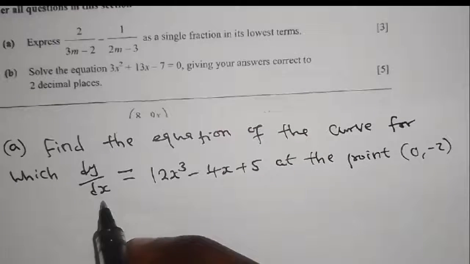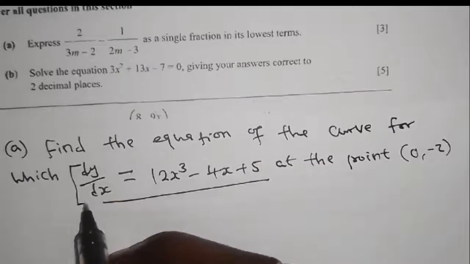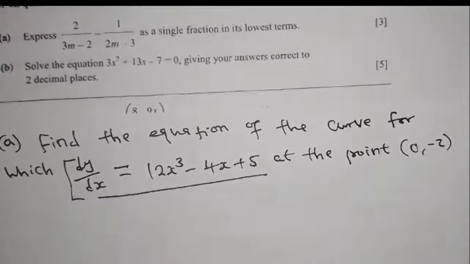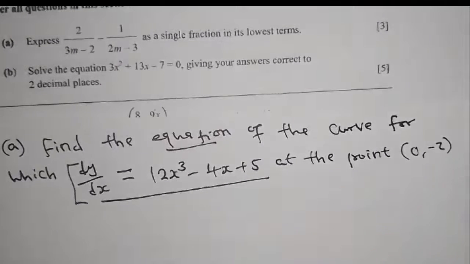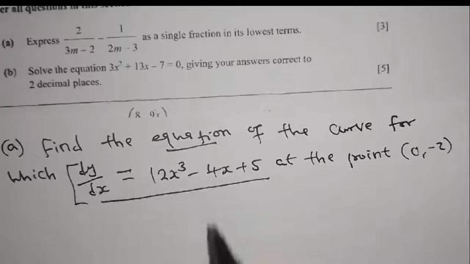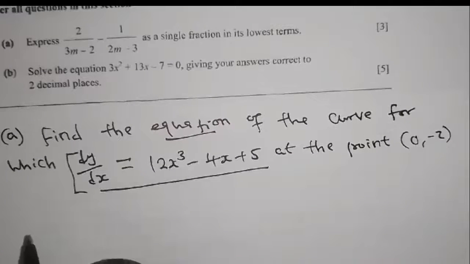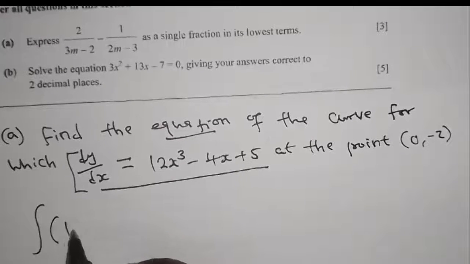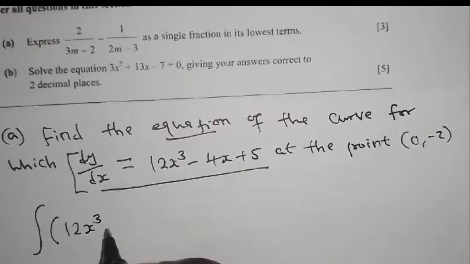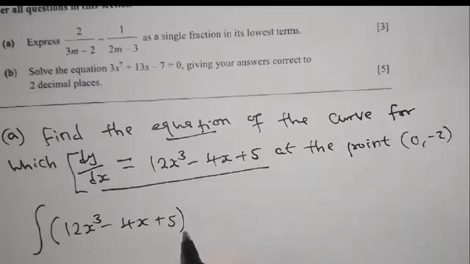So when you look at this one, dy/dx, they have already given us the differentiated one. And now what you are looking for is to find the original equation the way it was before it was differentiated. So what you do is you have to integrate this 12x to the power 3 minus 4x plus 5.